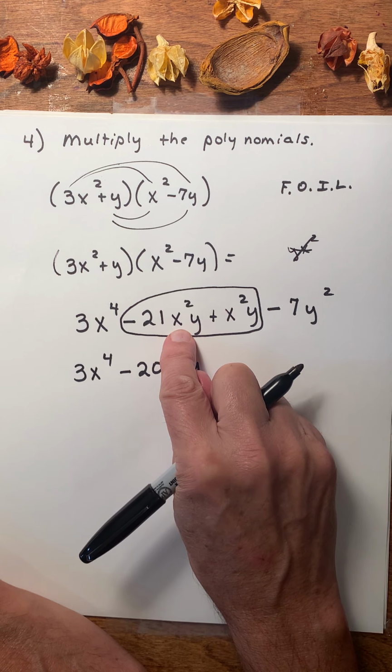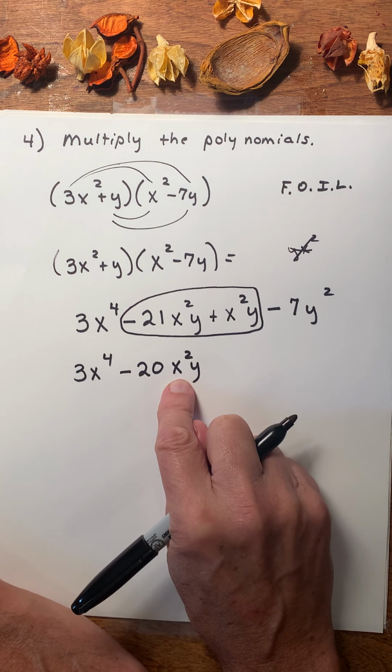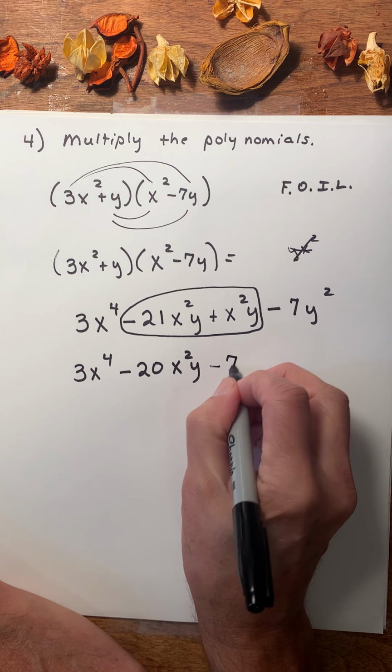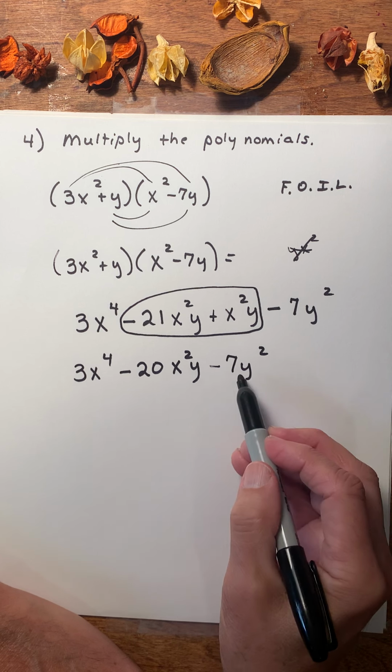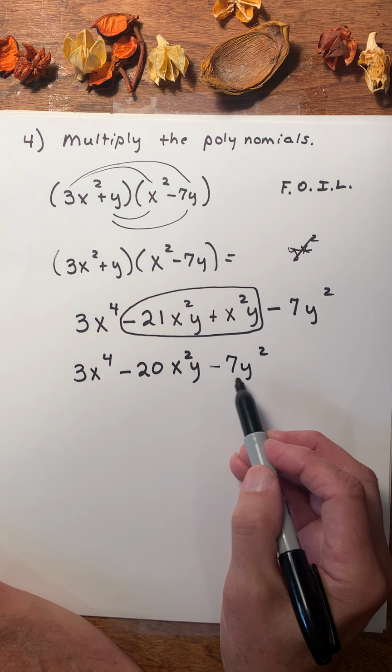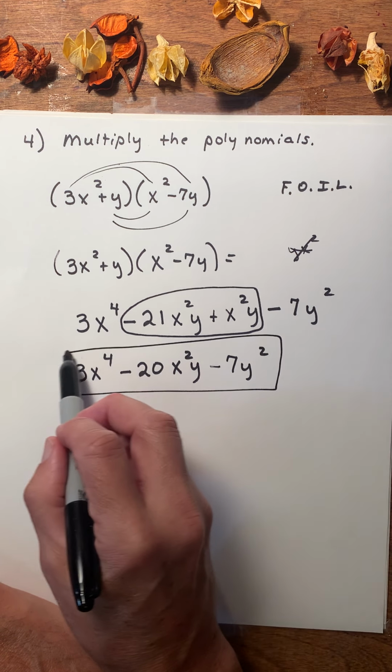Negative 21 of these guys plus 1 of these guys is negative 20 of these guys. X fourth, x squared y, y squared. Hey, nothing else combines, does it? So this is my final answer.